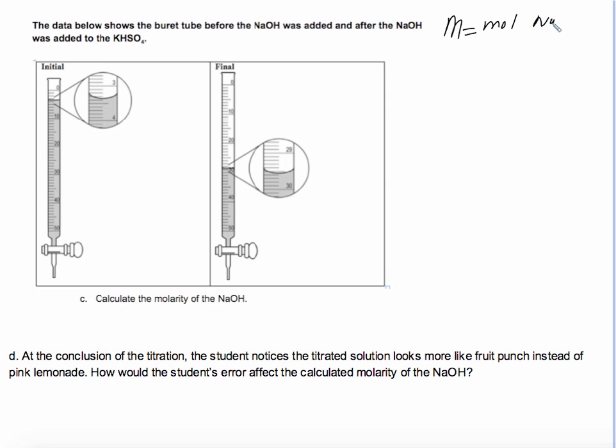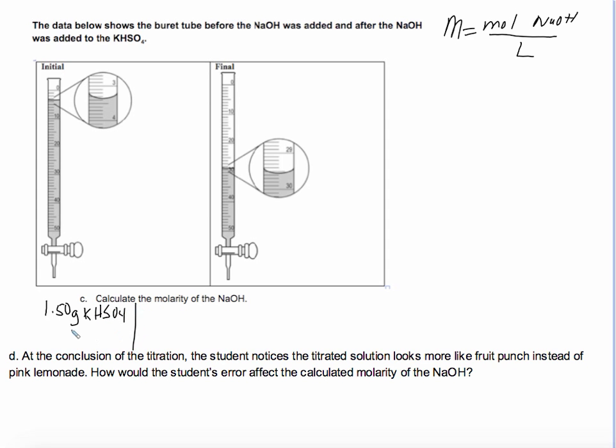We need the moles of NaOH divided by the liters of the NaOH, and the potassium hydrogen sulfate is going to help us do that. So to get the moles, we're going to start off with the grams of potassium hydrogen sulfate.